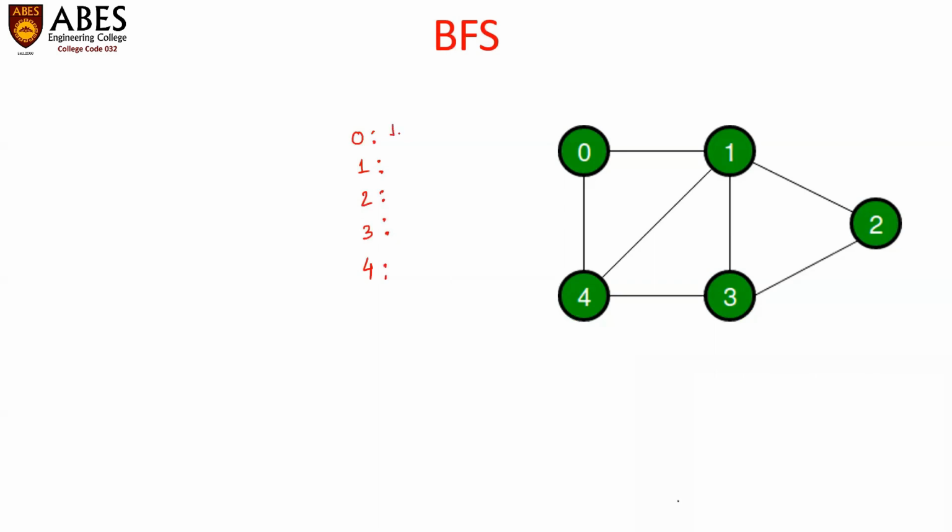From 0, the connections are 1 and 4. From 1, the connections are 0, 2, 3, and 4. From 2, the connections are 1 and 3. From 3, the connections are 1, 2, and 4. And from 4, the connections are 0, 1, and 3.